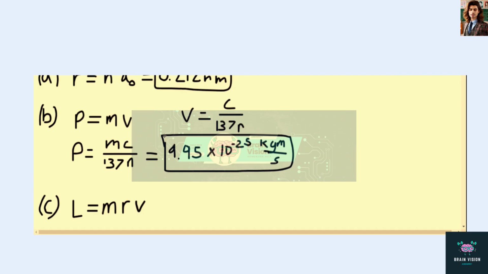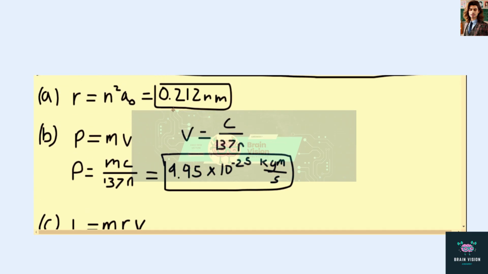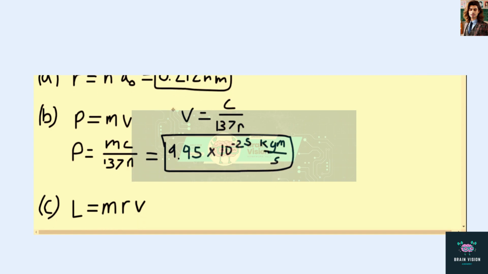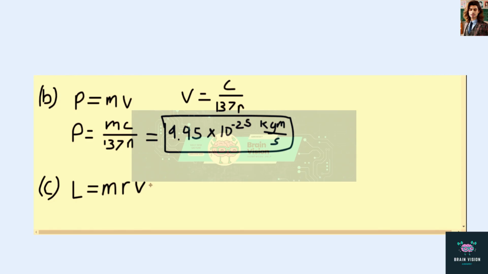The mass is the mass that we found, and the radius is the radius that we found in part A. You want to convert that to meters, so we want to use 0.212 times 10 to the minus 9 meters, since we're using SI units. And the speed, v, of course, is just c divided by 137 times n. So this ends up being equal to m times r times c divided by 137 times n.